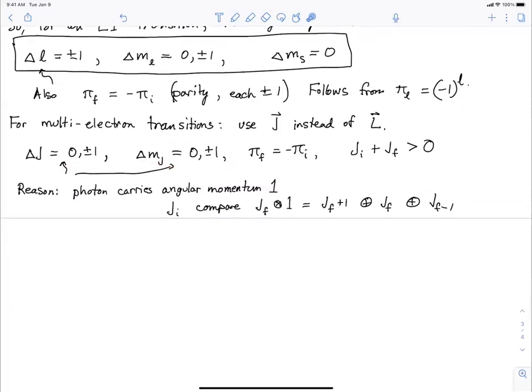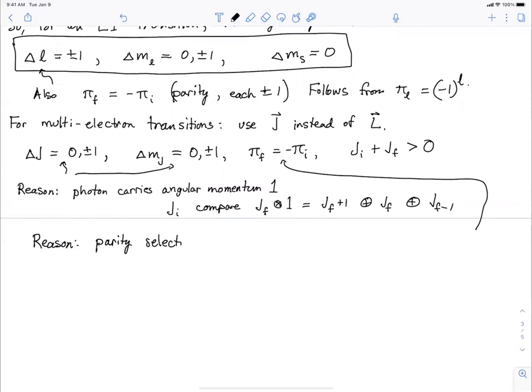Okay, this rule, the reason for it is it's a parity selection rule that we studied in generality way back in section 4.2. In fact, the end of section 4.2. Okay, and that didn't necessarily have anything to do with transitions or anything else.